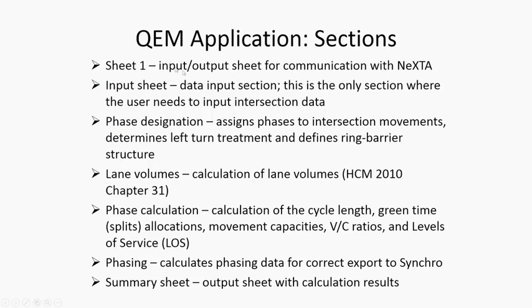More importantly, you can get the phase designation, like how the dual ring structure will be generated. This phasing generation is much more advanced than the default data in NEXTA. So I fully encourage the users to try this, particularly if you are a planner in this area.